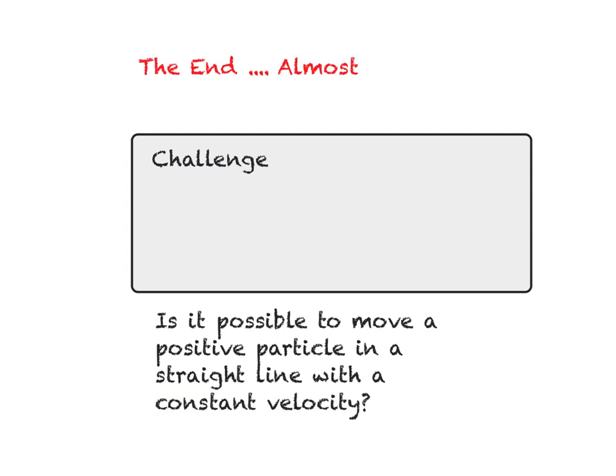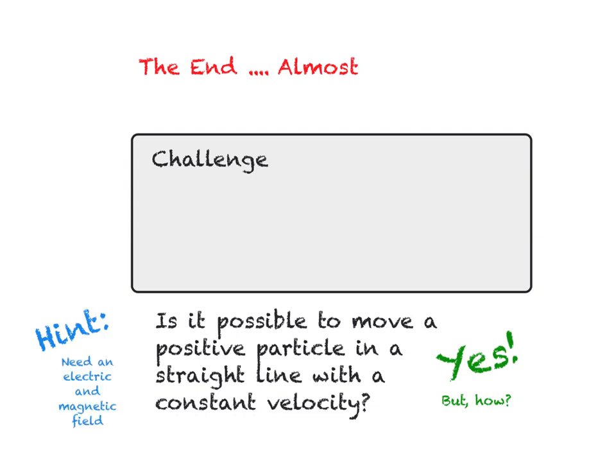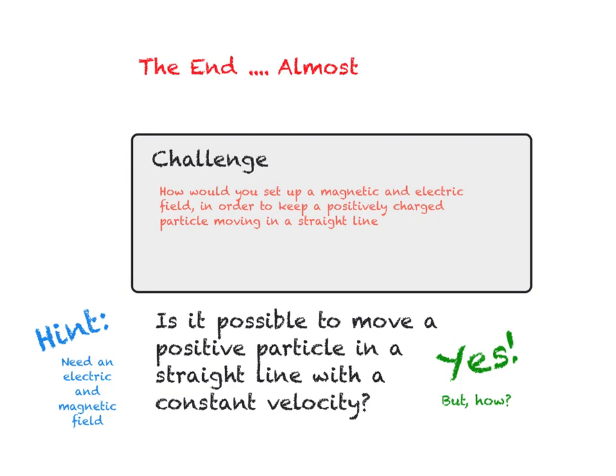The answer is yes, and the hint is you need to also use an electric field to do this at the same time. So I'll leave you there trying to determine how you would have to set up a magnetic and electric field in order to keep a positively charged particle moving in a straight line at a constant velocity.